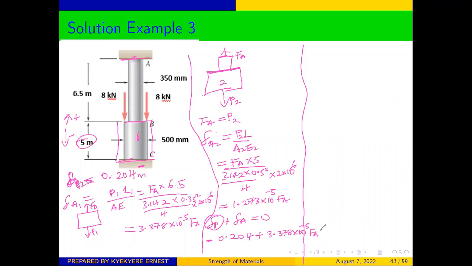Negative 5 FA plus the other side, the other second one, which is 1.273 times 10 to the power negative 5 FA.